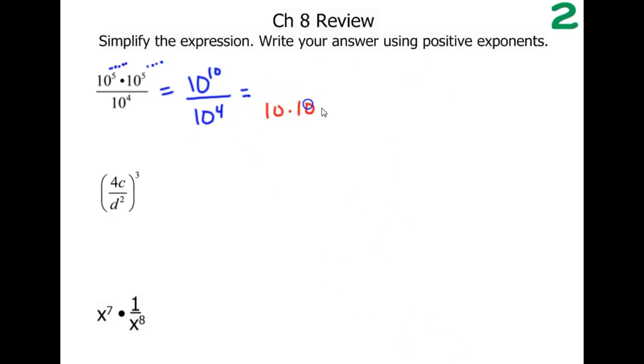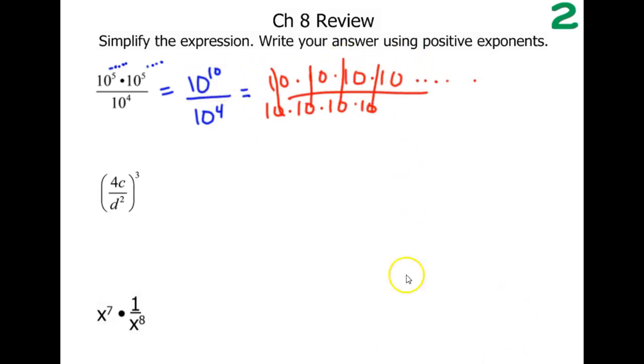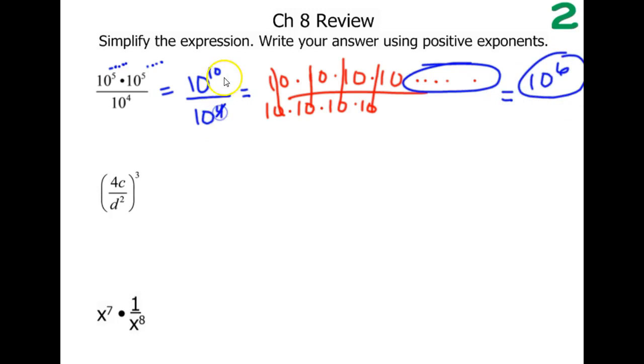You could write, like I said, 10 times 10 times 10 times 10 on the bottom, 10 times 10, and so on the top. We know that 4 sets of 10s are going to cancel out, leaving us with 6 left over on the top. So we'd have 10 to the power of 6 on the top, because those would go away, and 6 would be left over.